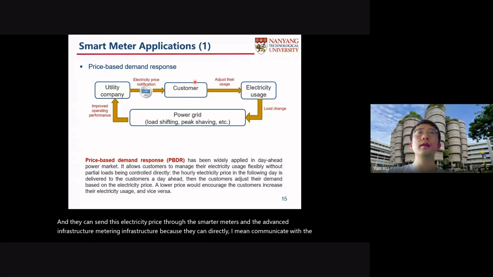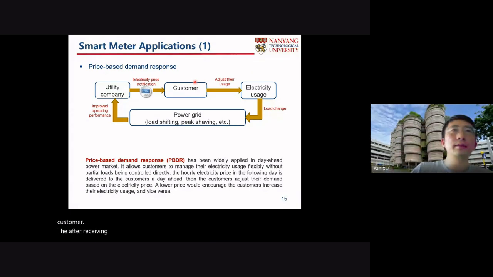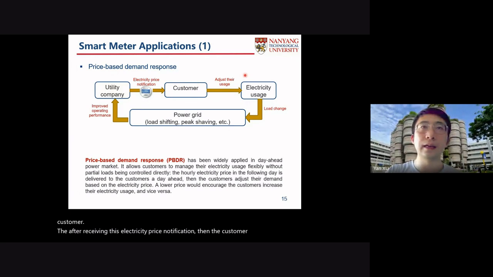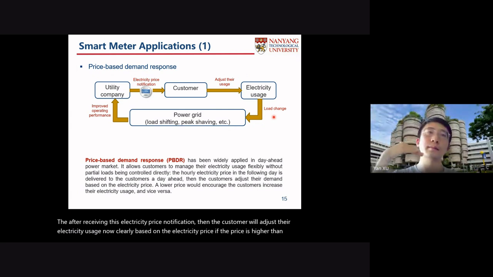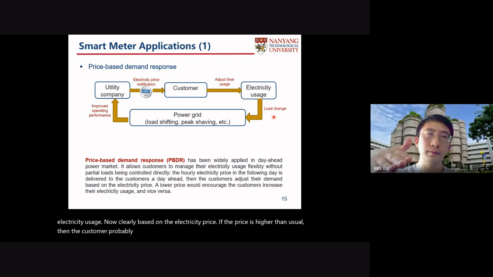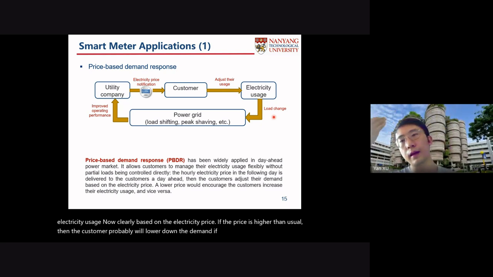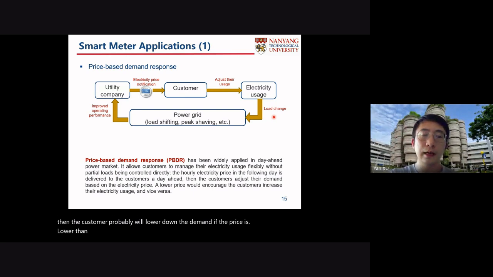After receiving this electricity price notification, the customer will adjust their electricity usage. Clearly, based on the electricity price, if the price is higher than usual, then the customer will probably lower the demand. If the price is lower than usual, the customer will increase their load, right?